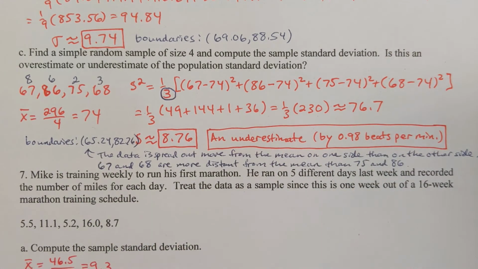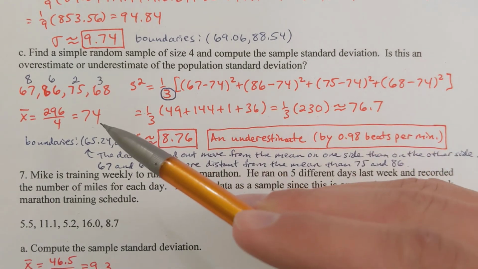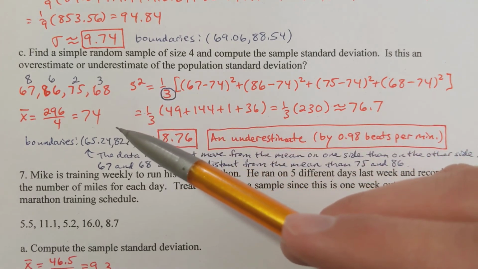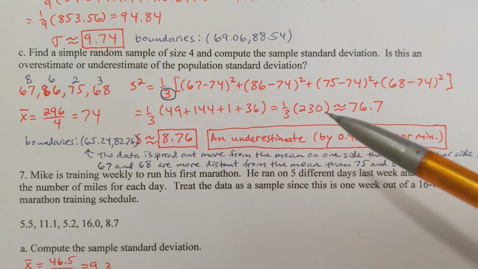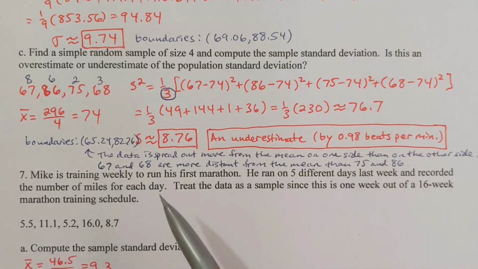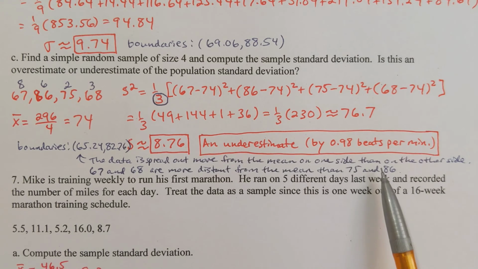Well, all that means is that the data to the right of the mean is going to be more distant than the data values to the left of the mean. So I have a note here that the data is spread out more from the mean on one side.